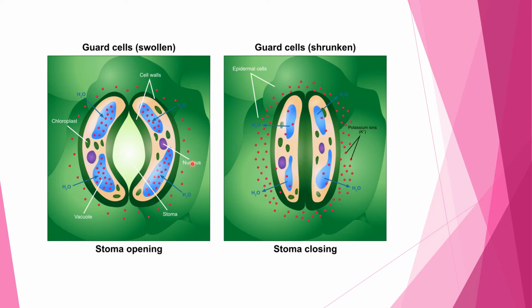But here the water is released out, so that causes shrinking, that is flaccid, so the stoma is closed. So that depends upon the water intake. If it is absorbed by the guard cell, then it is open, and if it is released out, it shrinks and becomes flaccid, which causes the closing of the stoma. This is a very important diagram you have to draw in your fair notebooks.